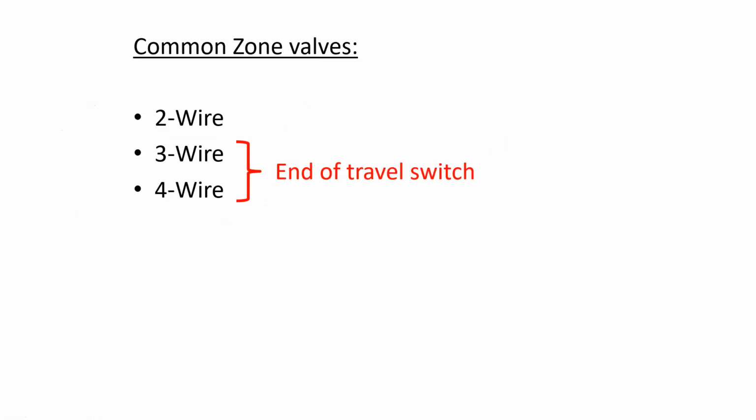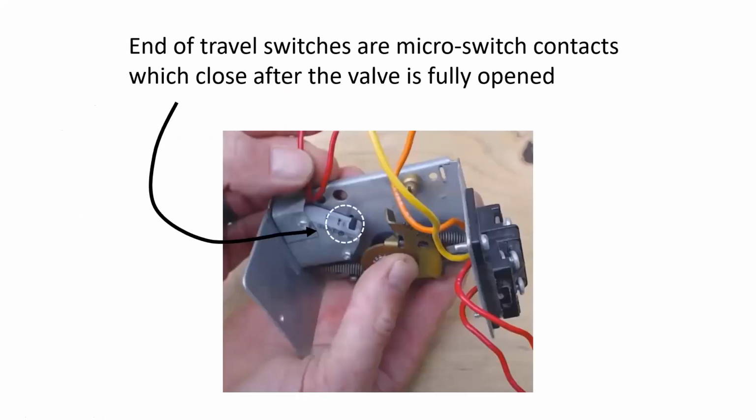3 and 4-wire zone valves are slightly different, and they utilize what's called an end of travel switch. An end of travel switch is essentially a micro switch, which will close after the valve is fully opened. And you can see it identified there in the dotted line box or circle.